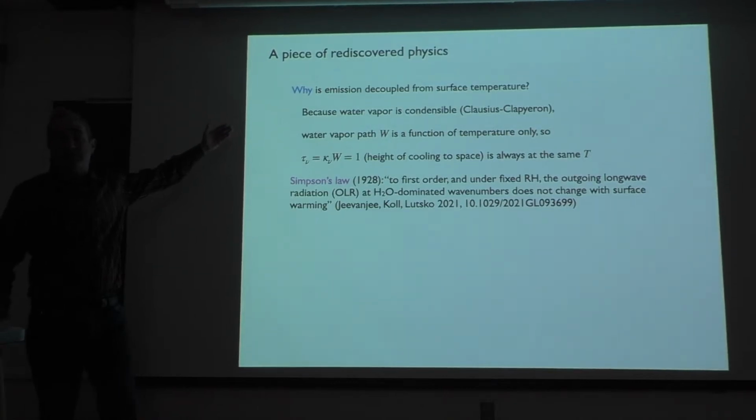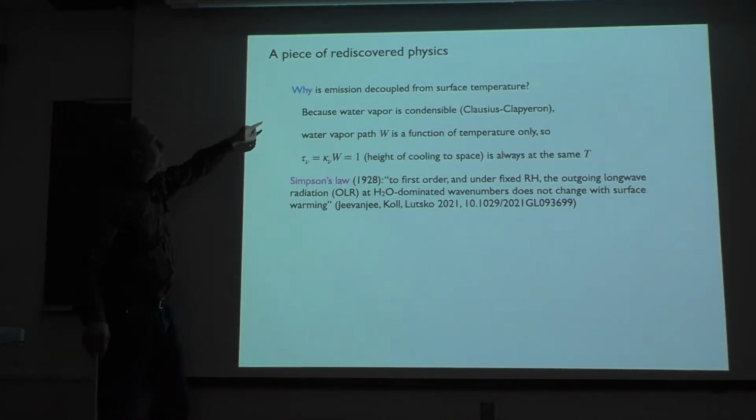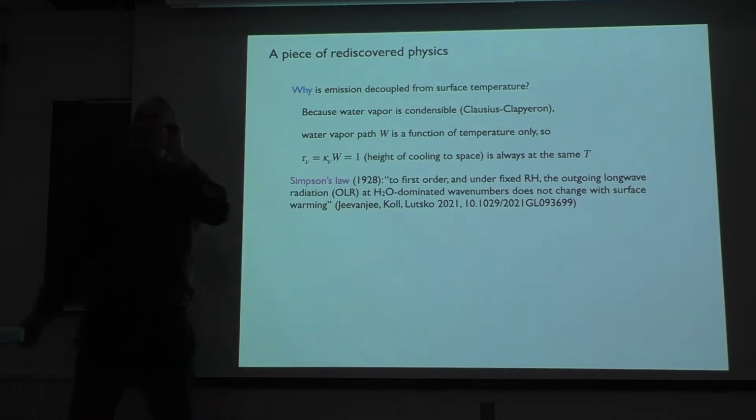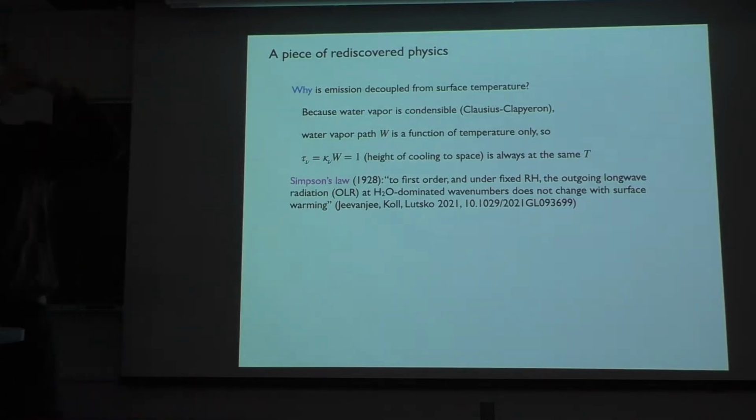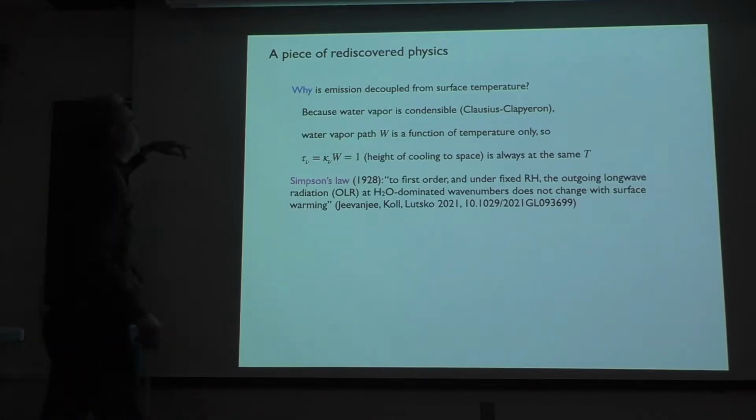The same physics works, right? Because water vapor is condensing, because the maximum amount is controlled by Clausius-Clapeyron, it means that for a given relative humidity, the water vapor path at any height of the atmosphere is purely a function of temperature. Right? If you fix the relative humidity, then water vapor path is purely a function of temperature.